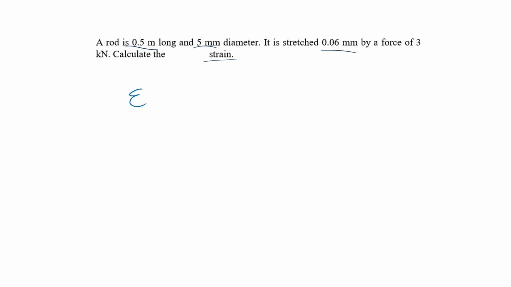So this guy, your strain, is going to equal delta L divided by L, just like before. So your delta L is how much it got stretched. So that's going to be 0.06. All right, we're going to divide that by our other number.